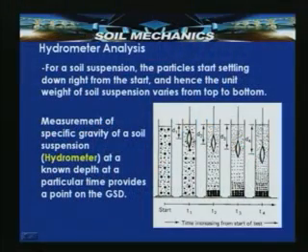So, at depth d1, we are able to assess the specific gravity at this particular depth, and you can see the increase in the height of the suspension after immersing the hydrometer. This is because the original height of the suspension increases because of the immersion of the hydrometer, which we will discuss later to include this effect into consideration. So, measurement of a specific gravity of soil suspension at a known depth at a particular time provides a point on the grain size distribution curve.